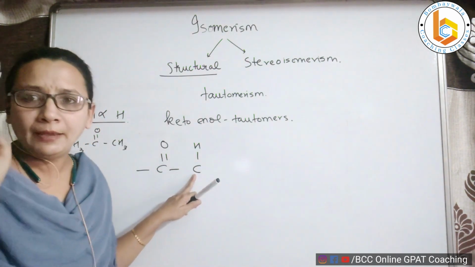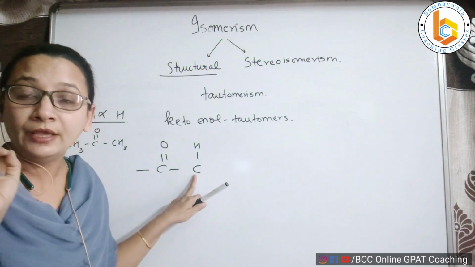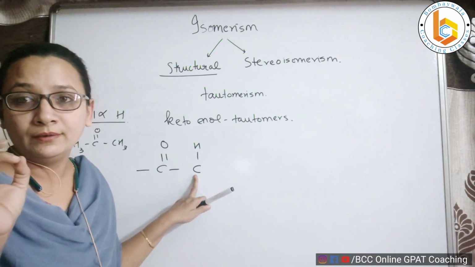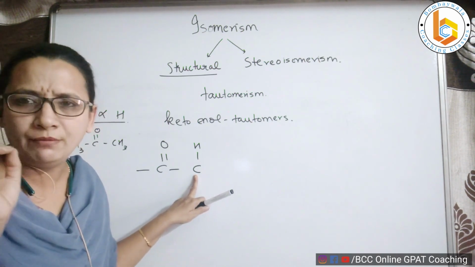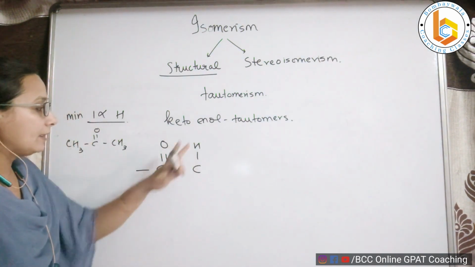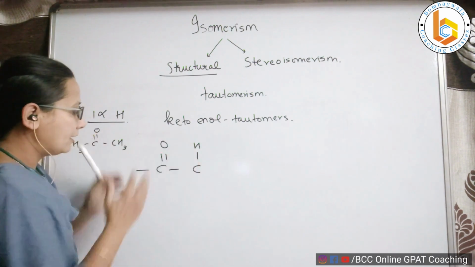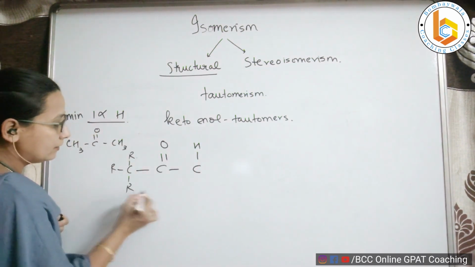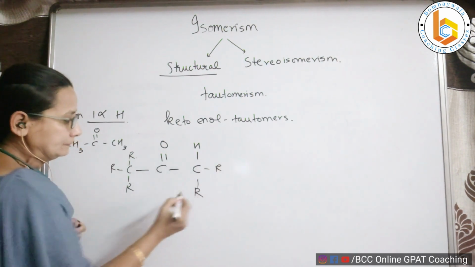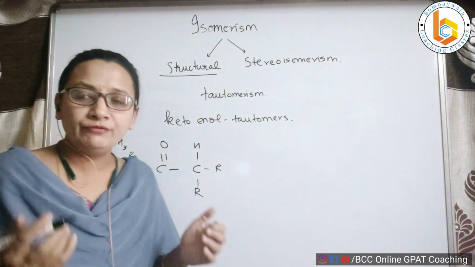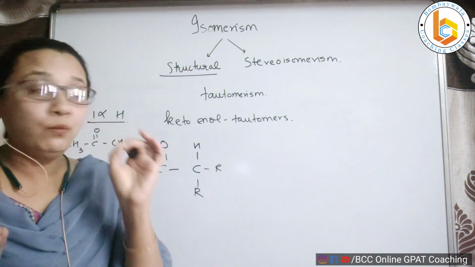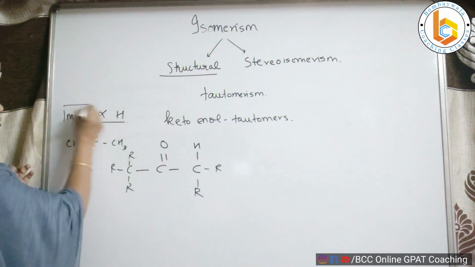So minimum एक alpha hydrogen तो चाहिए if any ketone has to show keto-enol tautomerism, minimum 1. ठीक है, तो चलिए हम देख रहे हैं कि यहाँ पर एक है, मान लीजिए बाकी के सब R है, C, R, R, R, R, R. That will do. Or if there are many, then also it is not a problem. But minimum, one alpha hydrogen should be present.